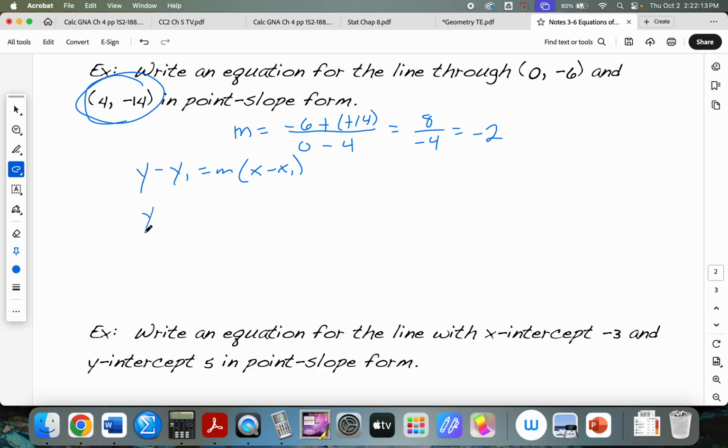So that would be y minus -14 is equal to -2 times x minus 4. So it's y plus 14 is -2 times x minus 4. And you just leave it like that. That's perfectly good.